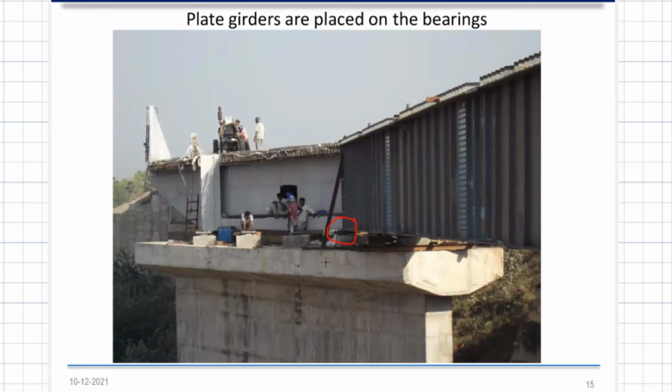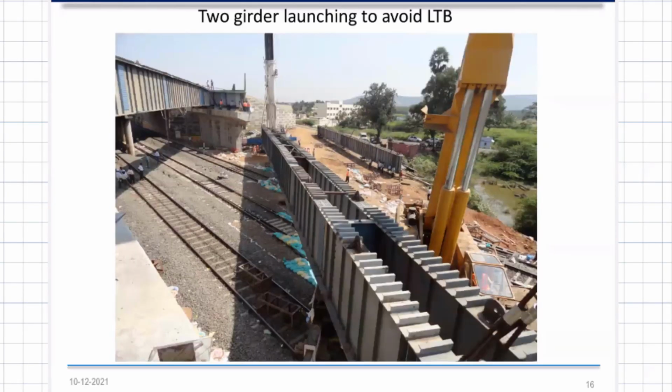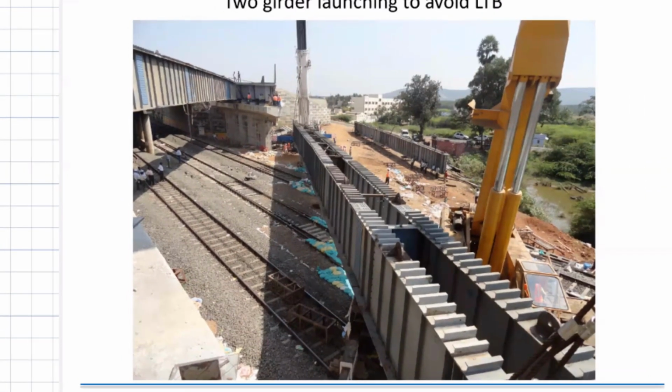It is blocked sometimes using a wooden sleeper or wood or any other system that blocks it, right? Now, sometimes what happens, even in this project, we had the problem of LTB, the lateral torsional buckling. Sometimes we do a twin girder launching. That means one supports the other, right?